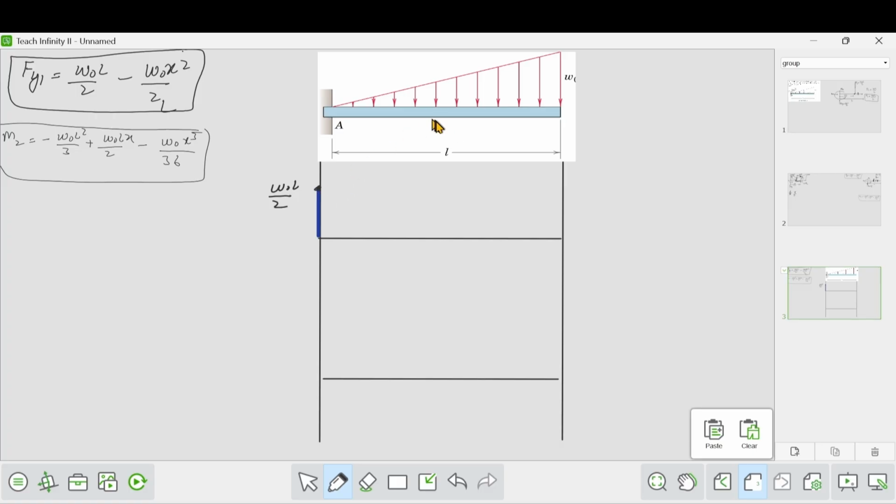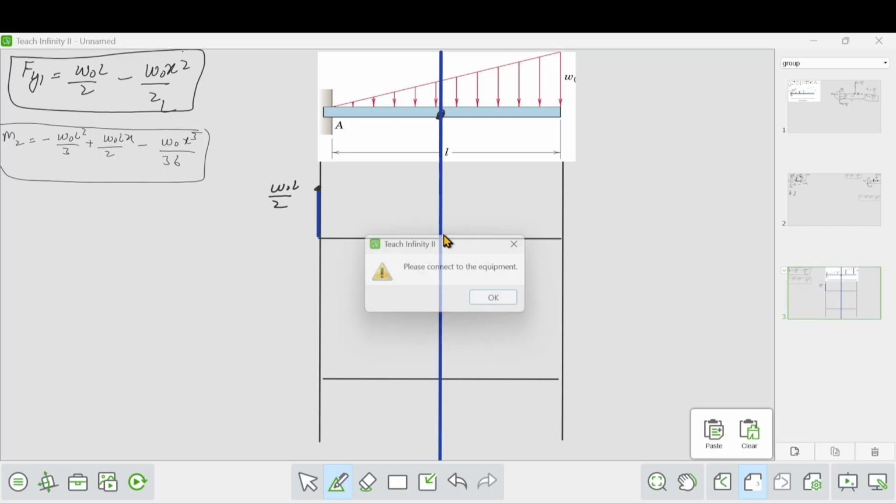So if I find at the mid of this length, at this point, what will be the bending moment and shear force at the mid of the beam? First you have to understand that this is a parabolic equation.